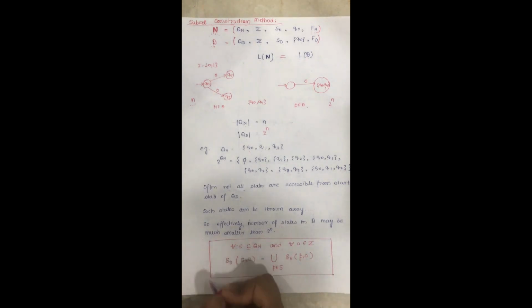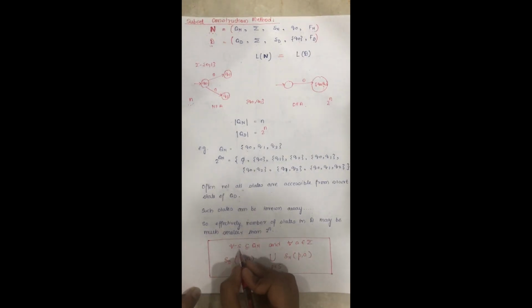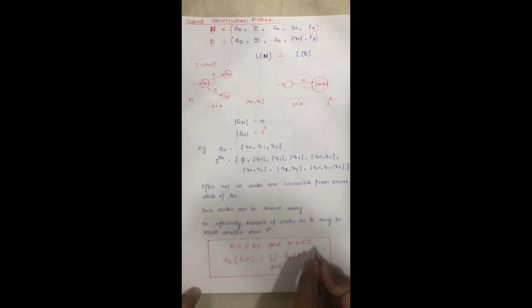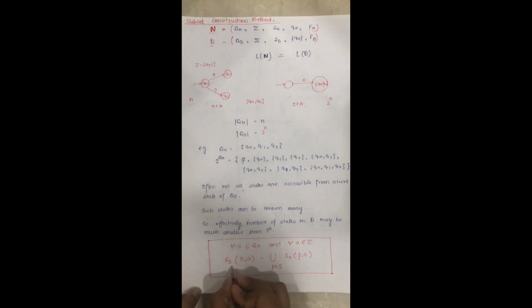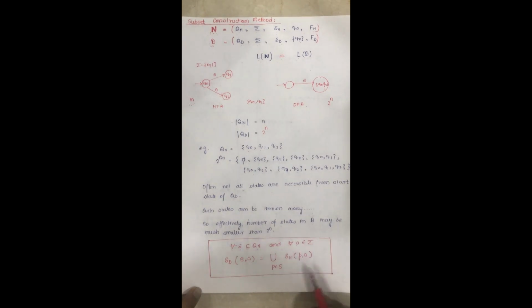So we can write: for all S subset of Qn and for all A in sigma, delta D of S comma A is equal to the union of delta N of P comma A, where P is an element of capital S.